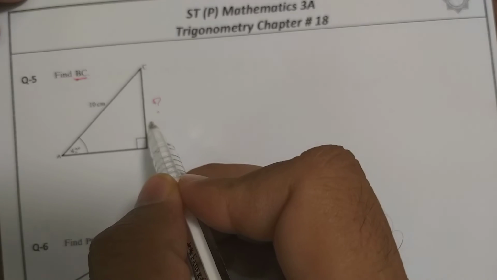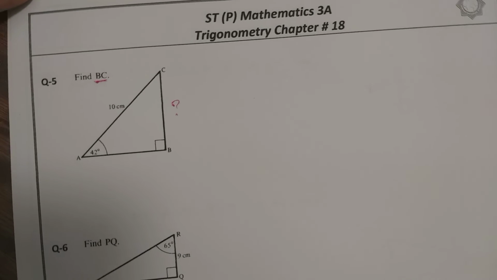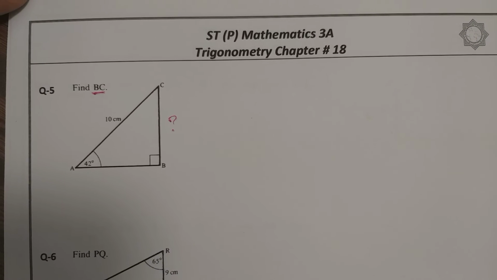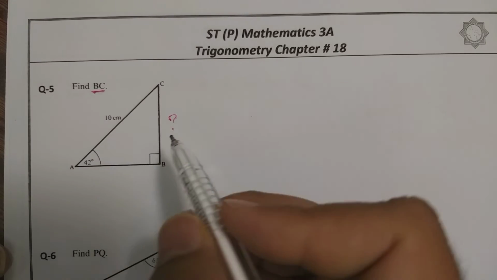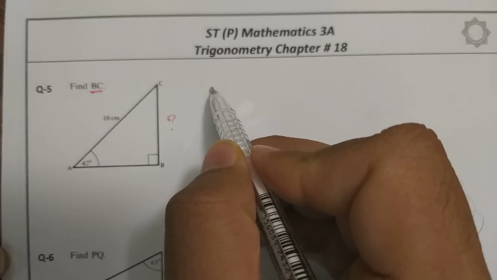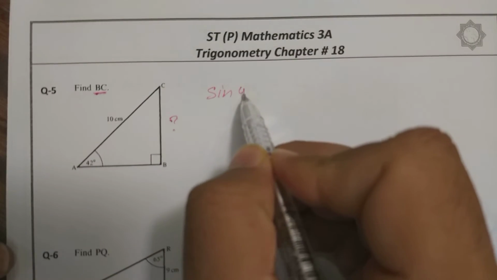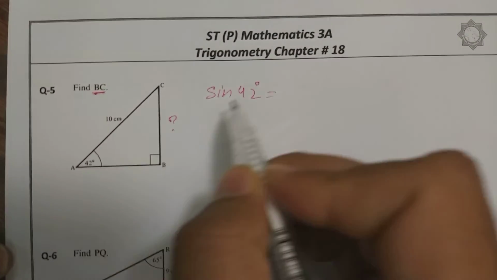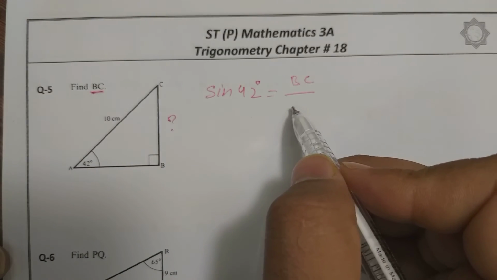According to this, this is called the opposite, and this is called the hypotenuse. So opposite and hypotenuse, what formula? Again, I'm just repeating, please remember the formulas. If you remember them, then you can easily find the solution. Opposite and hypotenuse is about the sine. So sine of the given angle 42 equals the opposite, which is BC, over the hypotenuse AC, which is 10.